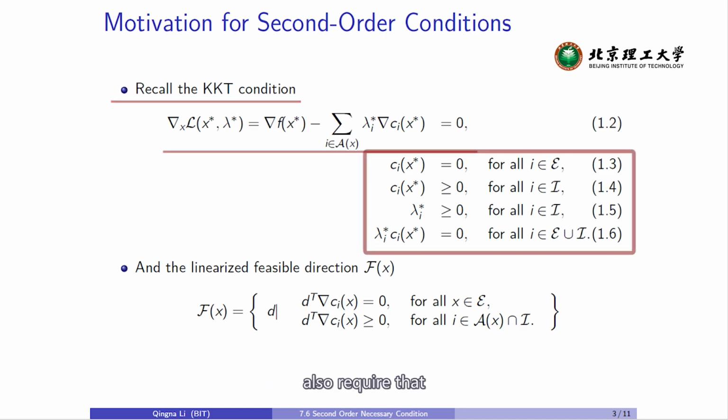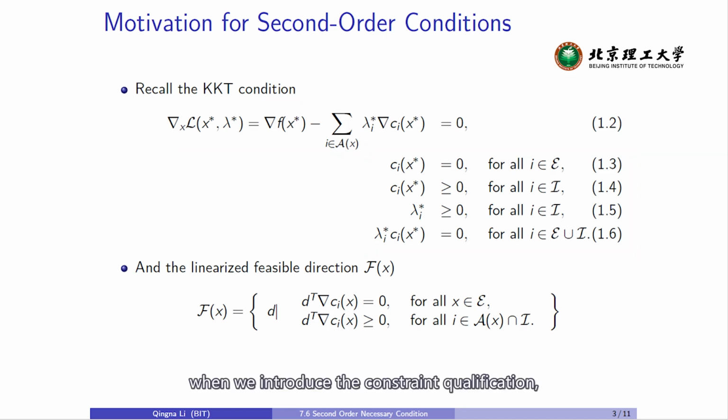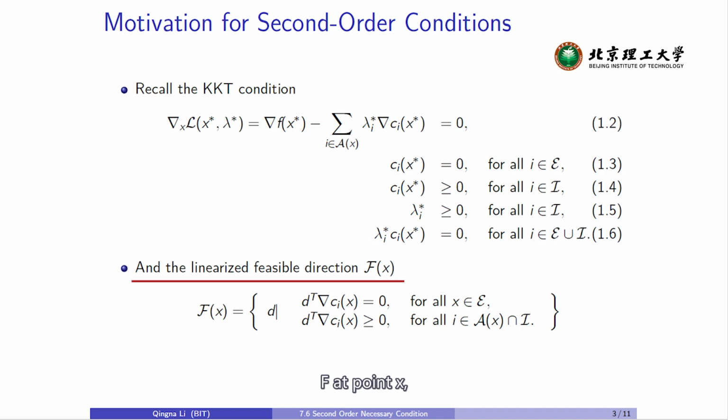When we introduce the constraint qualification, we also use the linearized feasible direction set F at point x, which can approximate or sometimes represent the tangent cone of Omega at x.